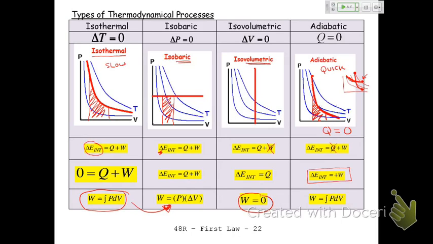Now, it's kind of a very interesting time from a teaching point of view. What I learned and what our textbook said until quite recently was that delta E is equal to Q minus W. And we teach that.